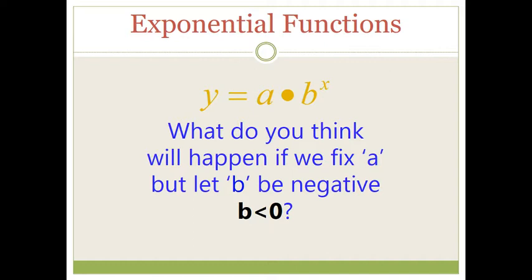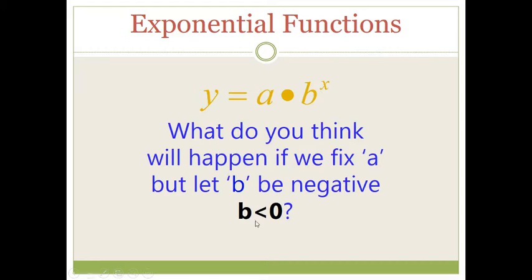We saw now what happens when we made B a fraction between 0 and 1. Then we got exponential decay. It started decreasing. The closer that number was to 1, the wider that decrease was, or the slower that it happened. And the closer that I got that value B to 0, like say when it was 0.1, it was decreasing sharply, and so decreasing at a faster rate.